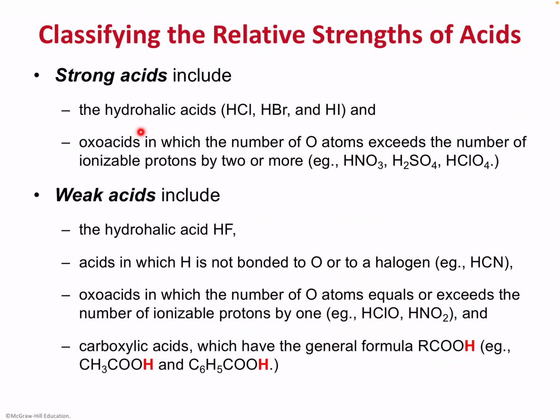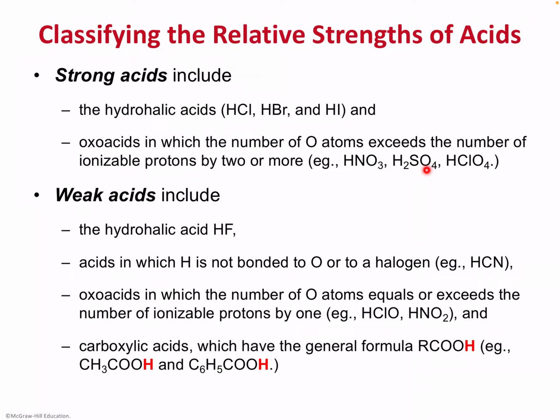The hydrohalic acids, hydrochloric, hydrobromic, hydroiodic, are strong acids, and also oxoacids in which the number of oxygen atoms exceeds the number of ionizable protons by 2 or more. For example, nitric acid, sulfuric acid, perchloric acid: HNO3, H2SO4, HClO4. Here there's one hydrogen and 3 oxygens.